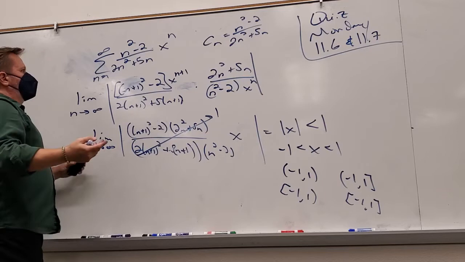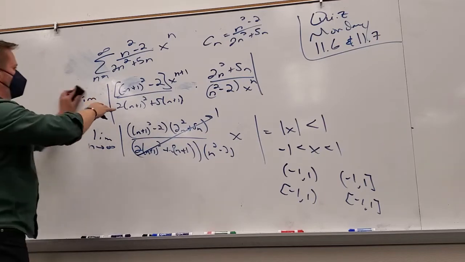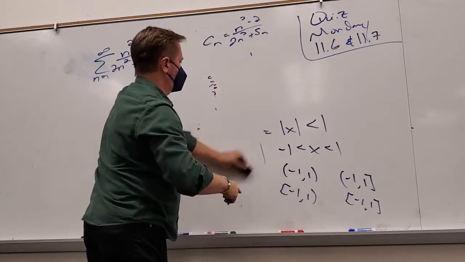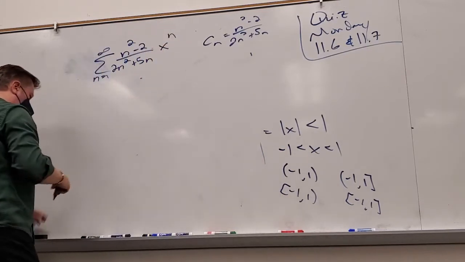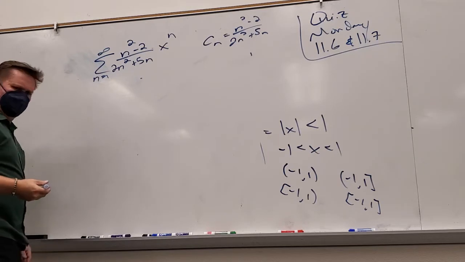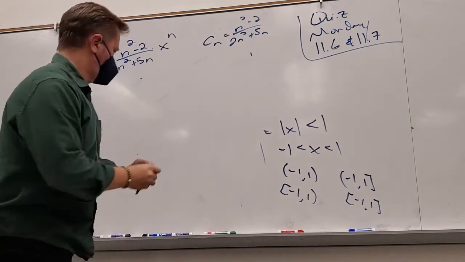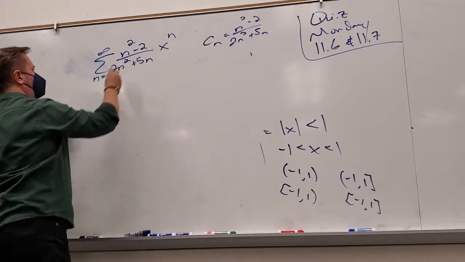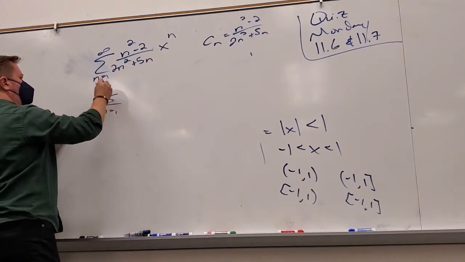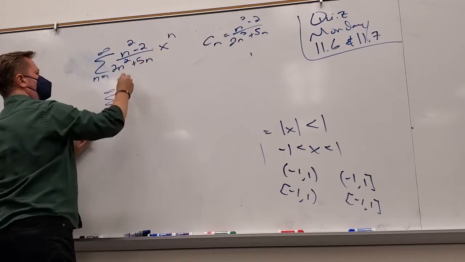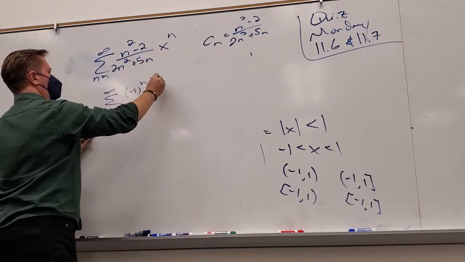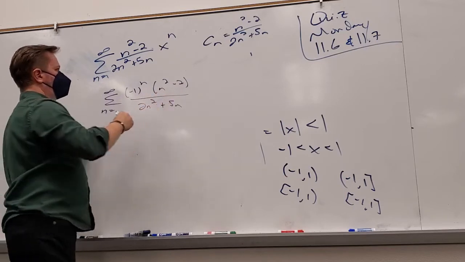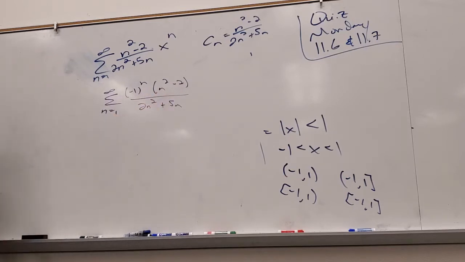Right? Okay. So what does the series look like if I use -1 for x? So all I'm doing is putting a -1 in. So what does it look like? If I put a -1 right here, doesn't it look like what? Yeah, an alternating series.